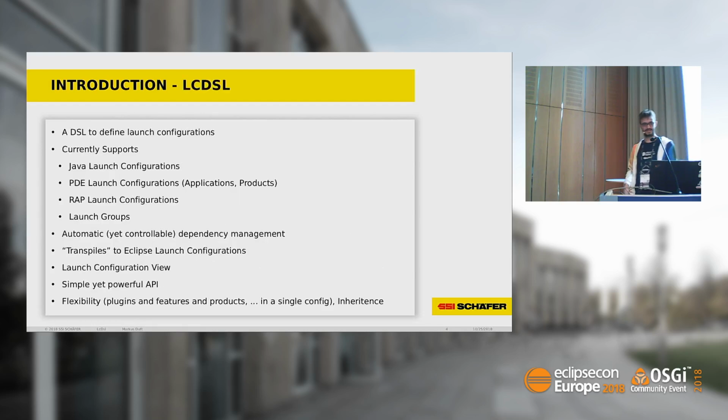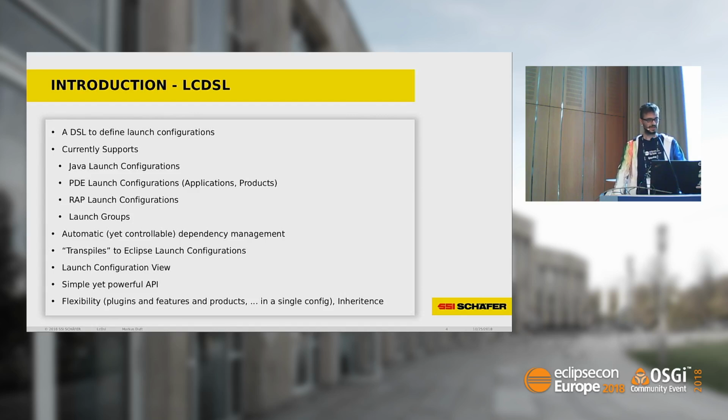What is LcDsl? Basically it's an Xtext based DSL which allows to define launch configurations. So what Xtext provides us there is an editor, the compiler generator infrastructure for all this, and syntax highlighting, content assist, everything you know from Xtext if you know Xtext.